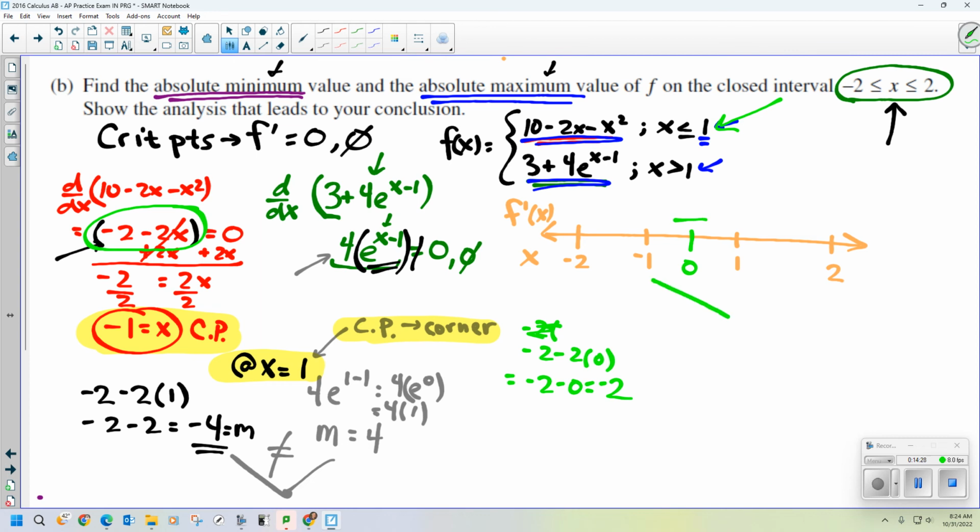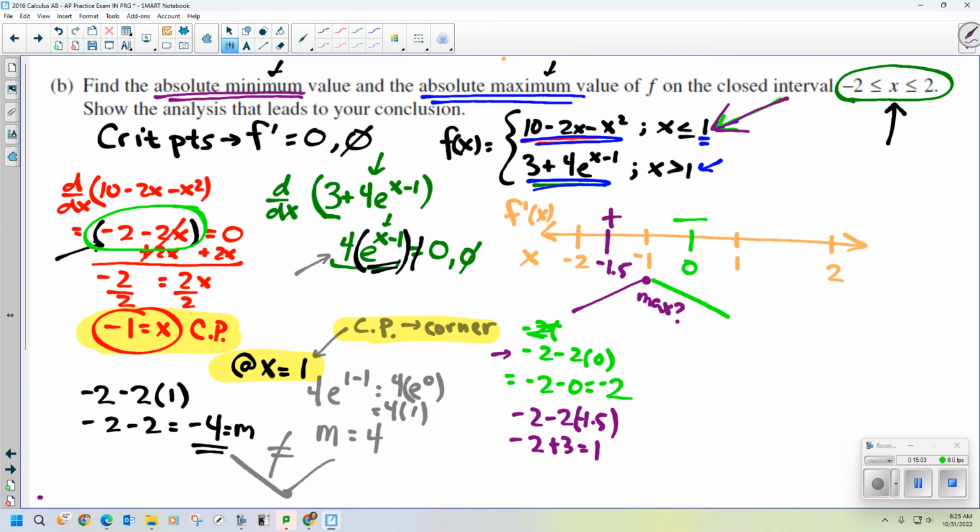Let's now pick -1.5. That's still the left side, because it's still smaller than 1. So -2 minus 2 times -1.5, that's +3. That's a positive value, so it's going up the slope. So this might be a possible max. I'm not sure. I'm going to have to check that.